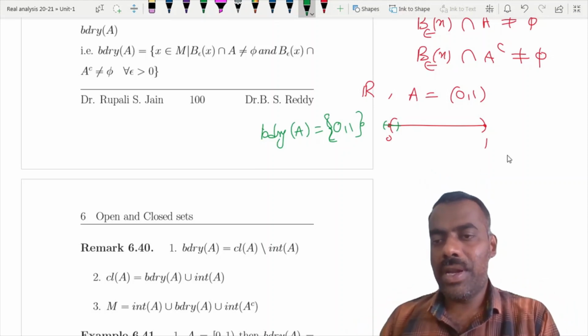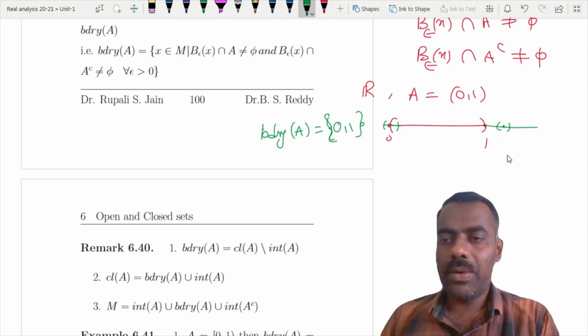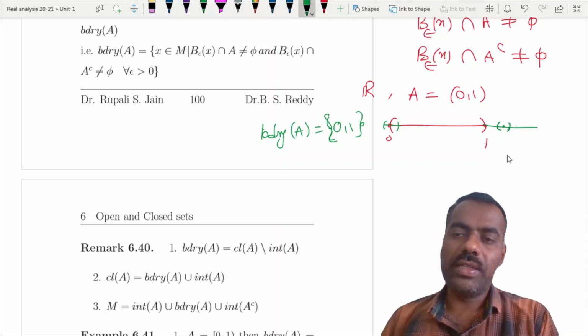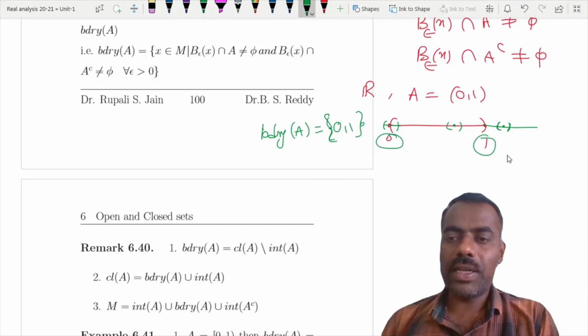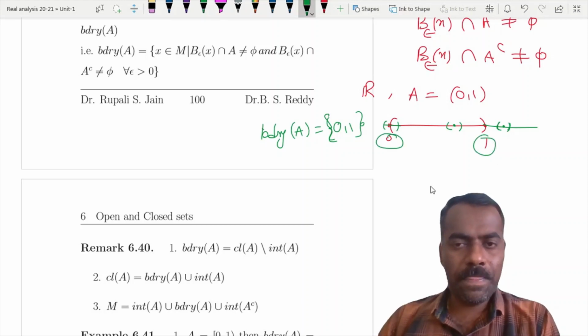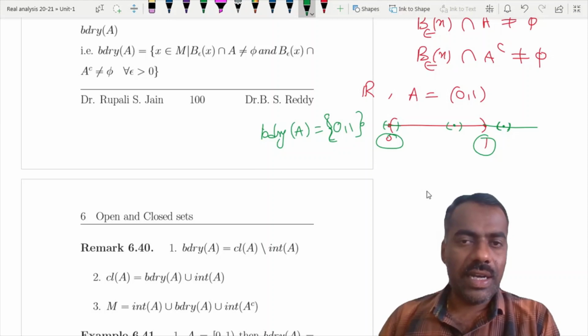If you take any point outside, clearly you can find a small neighborhood completely outside, so it cannot be a boundary point. Similarly, points inside the interval cannot be boundary points. So only two points, 0 and 1, are boundary points.